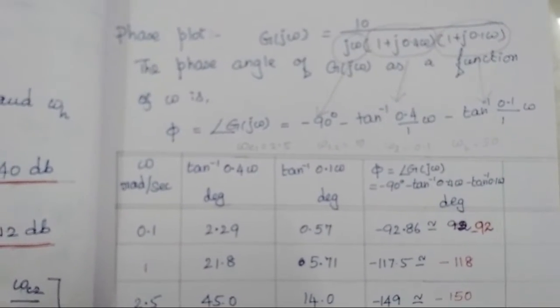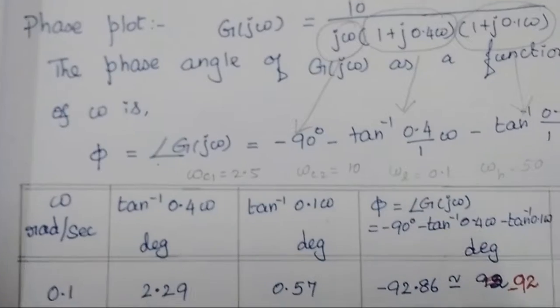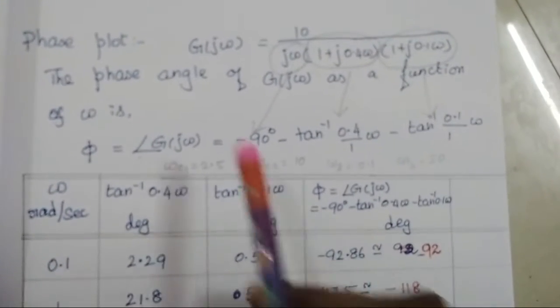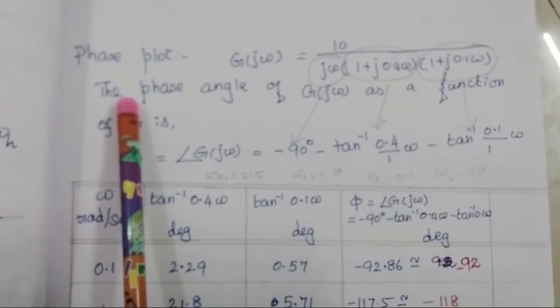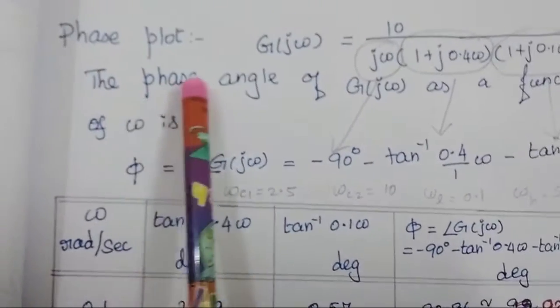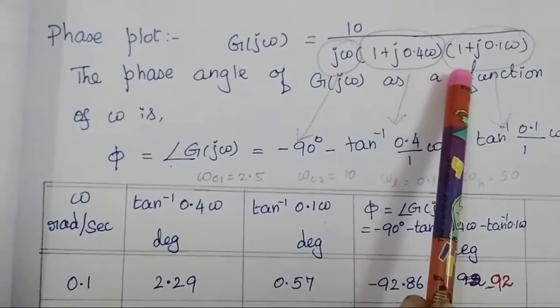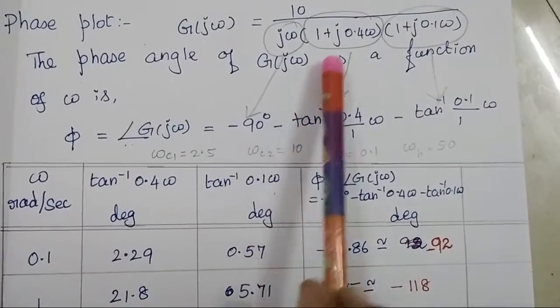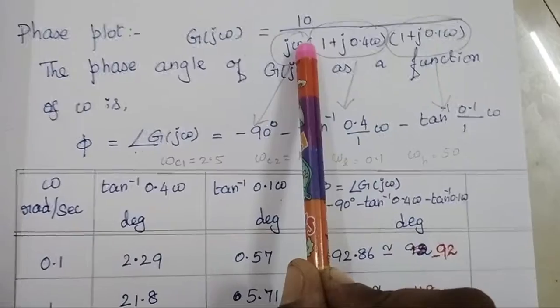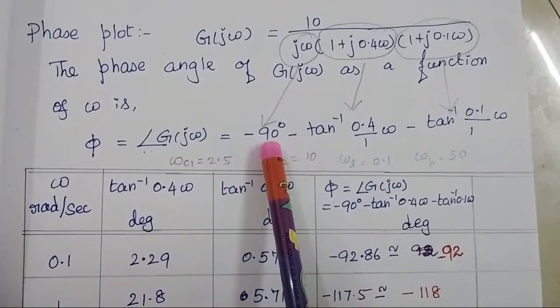Then I will explain how to draw the phase plot. So for drawing a phase plot, first consider the Bode form equation and write the phase angle equation. See here we have one S term in the denominator, so minus 90 degrees.